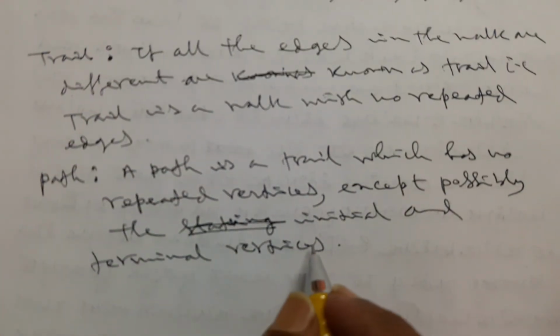If the initial and terminal vertices of the path coincide, then it is called a closed path. And the length of the path is the number of occurrences of edges in the path.